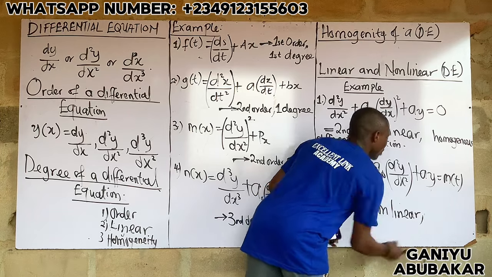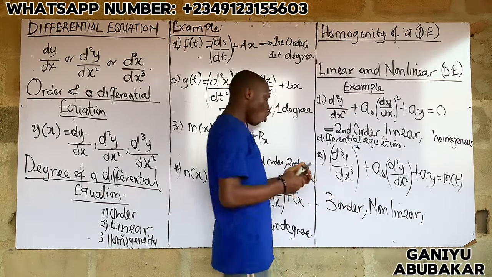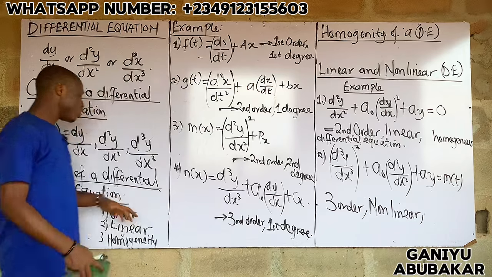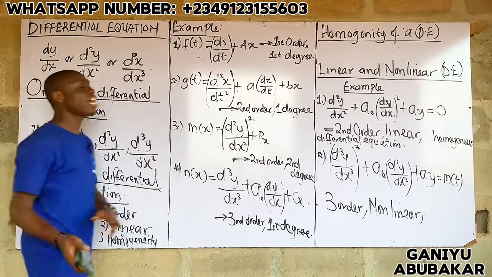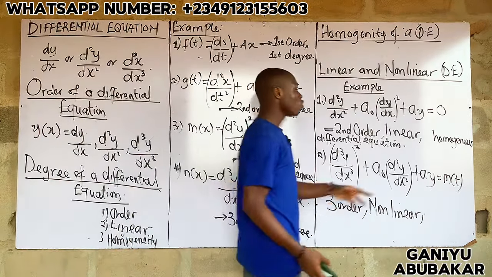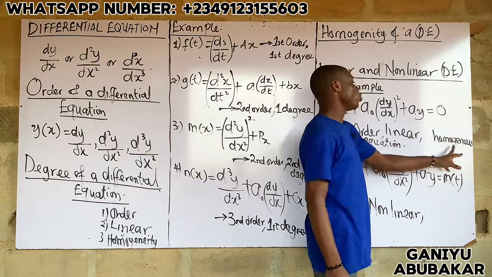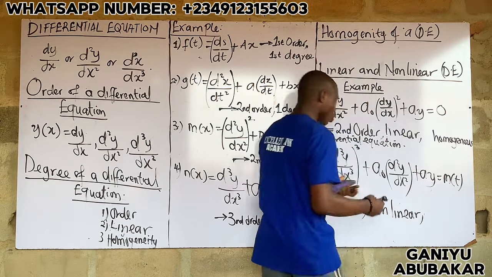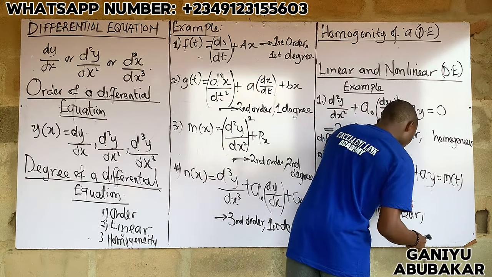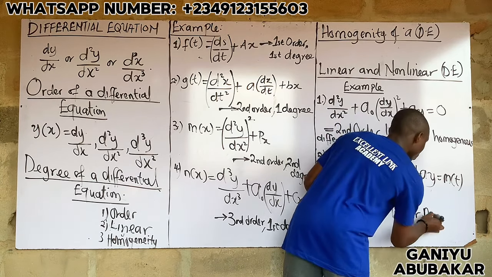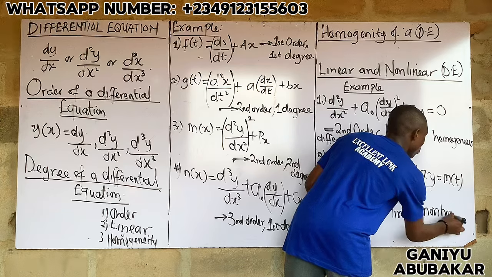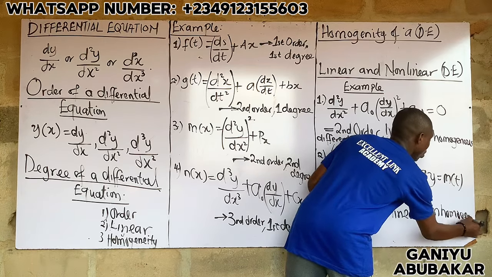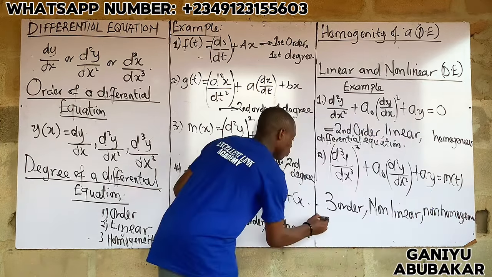Next up, we consider the homogeneity. So homogeneity works with whether a differential equation is equal to 0. This one becomes equal to 0. That's why it's called homogeneous. But this one is not equal to 0, so it's non-homogeneous. So we have a non-homogeneous differential equation.